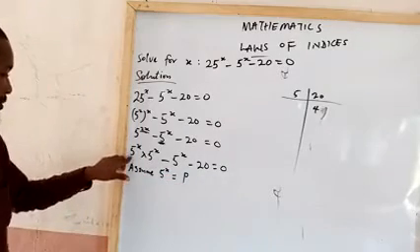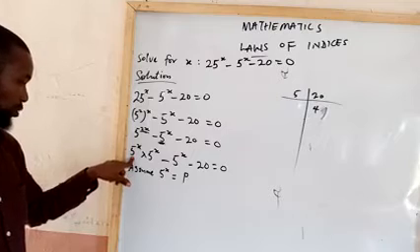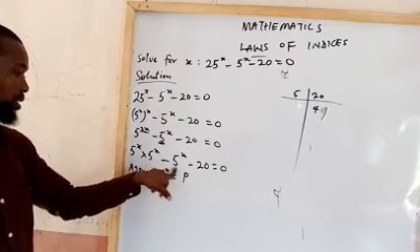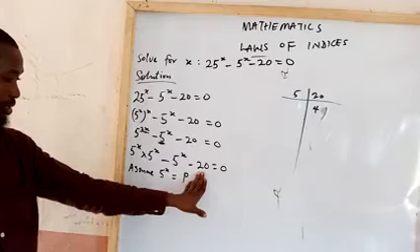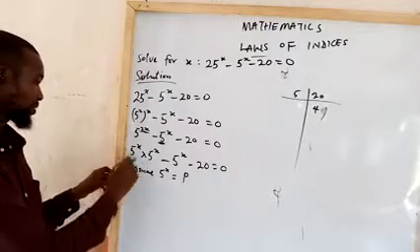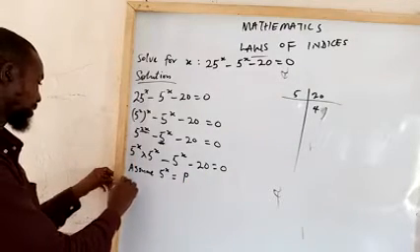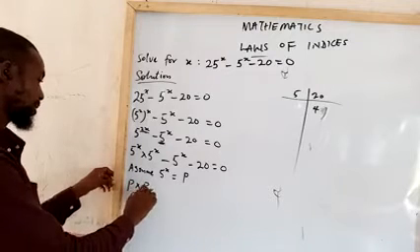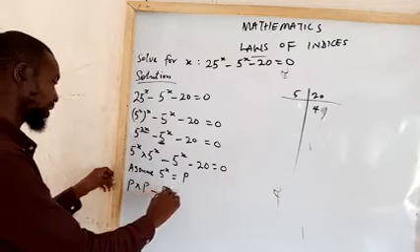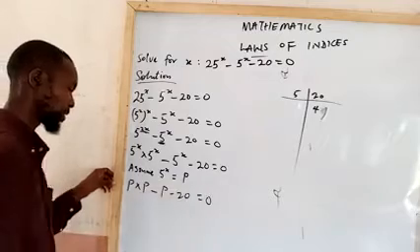So each of these is written as p. So 5 raised to the power x here becomes p multiplied by p, minus p, minus 20 is equal to 0.